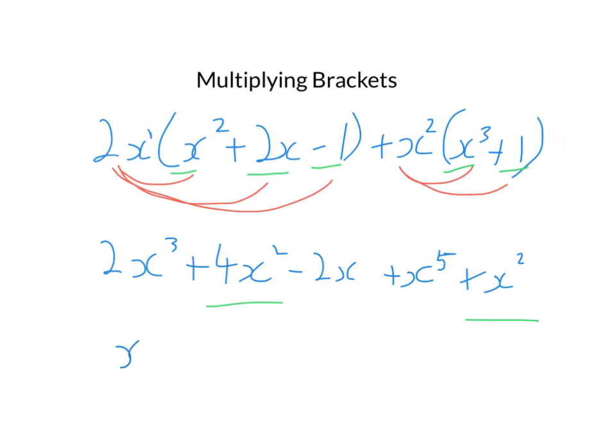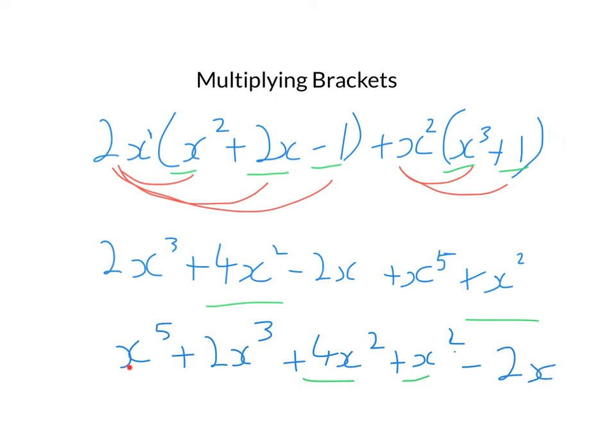So we can say we have an x to the power of 5, we have plus 2x to the power of 3, plus 4x squared plus x squared, which we already said we could add together, minus 2x then at the end.